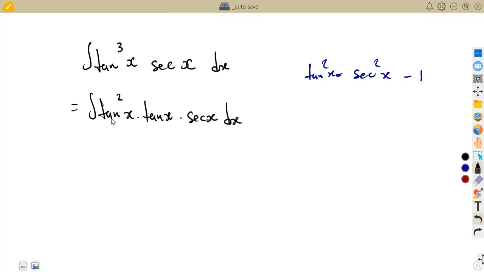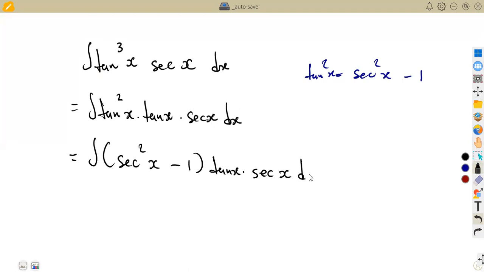It is just like the previous case, because here we're just going to take what is equivalent for tan squared x, which is sec squared x minus 1. So this part remains as it is, which is tan x times sec x dx.